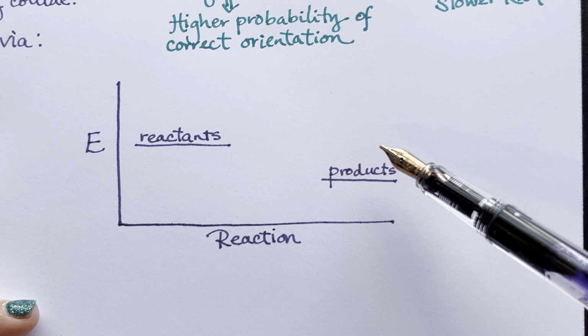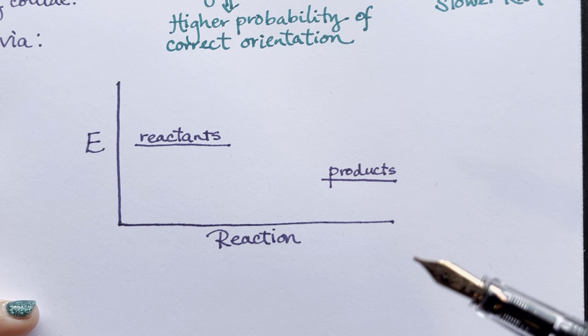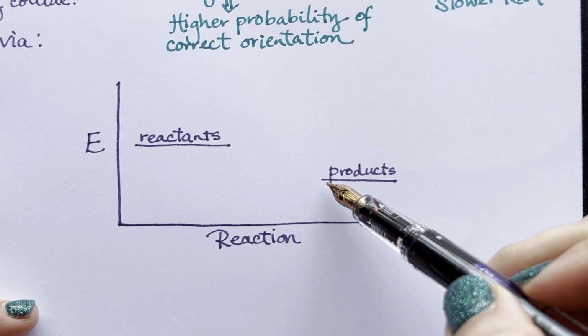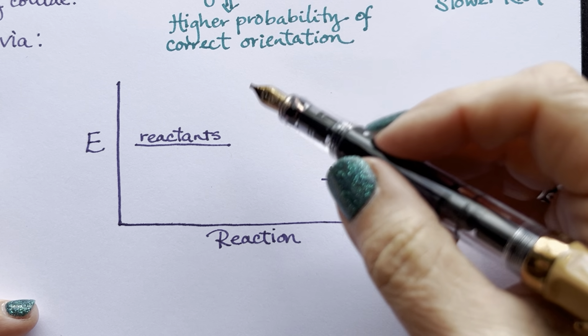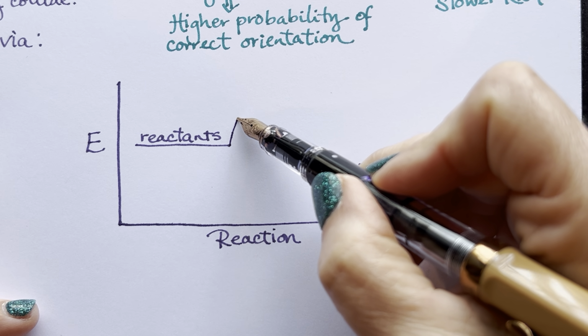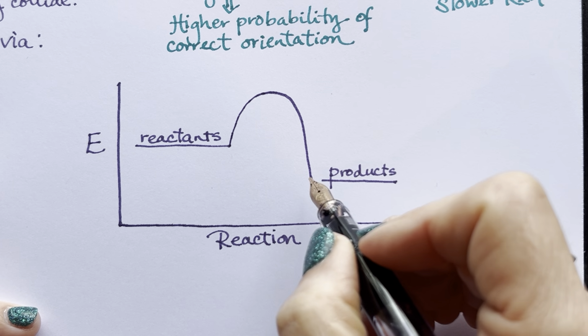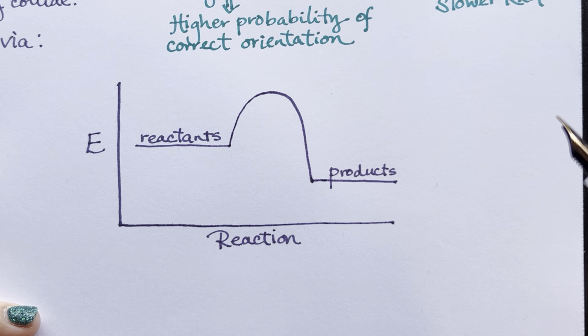But with kinetics, we now bring in this aspect of activation energy, which means that the reactants aren't going to just fall down to this lower energy level and release the energy, but instead they actually need to have enough energy to make it over this energy barrier.